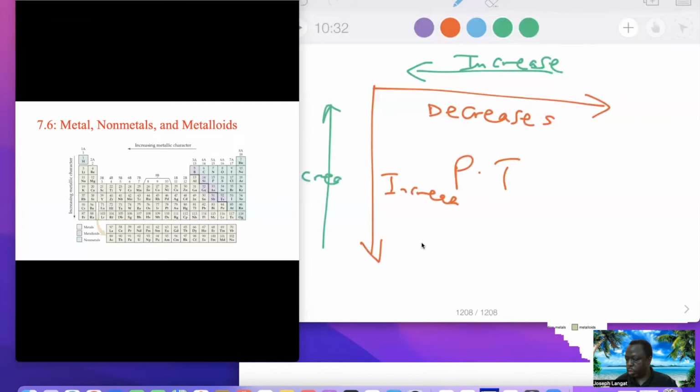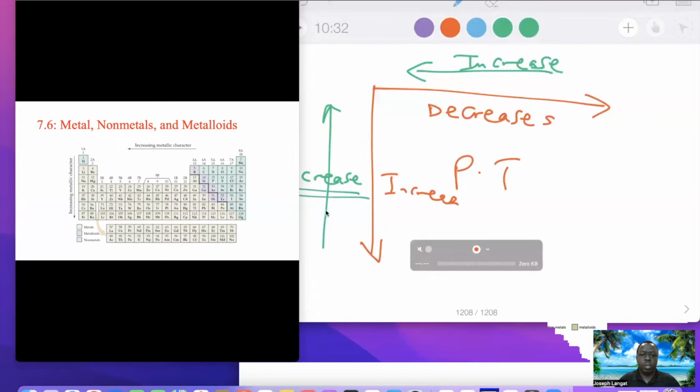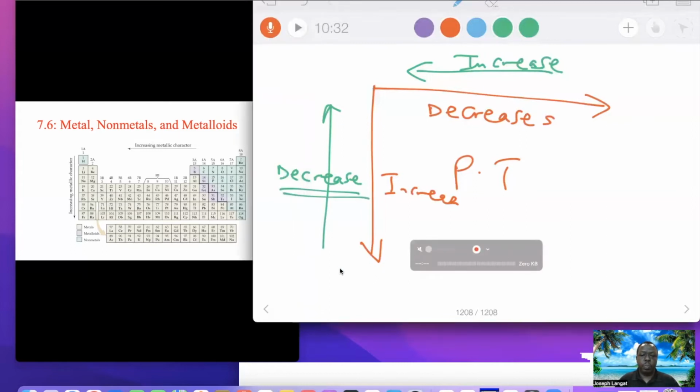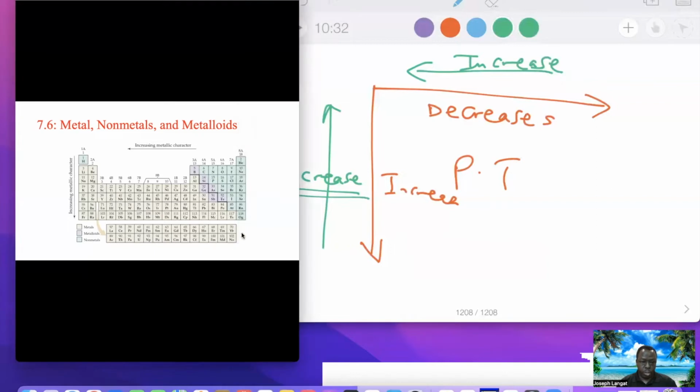Some questions could be tailored from the bottom to the top of the periodic table. You see this increasing going down, but decreasing going up. It decreases going across the periodic table from left to right. So the metallic character has to do with where you are moving to.